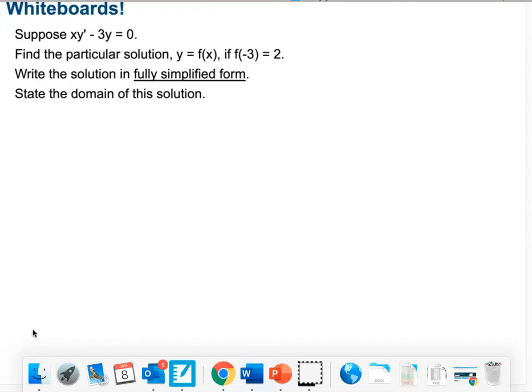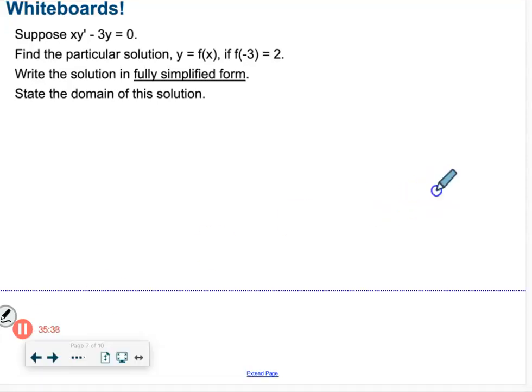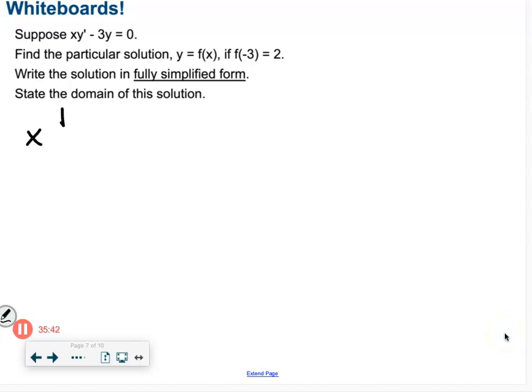Okay, so let's walk through this. I'm going to show you unsimplified and simplified. No matter what, the first thing that you're going to have to do is move the 3y over. So you get x dy dx equals 3y. Now, my first hint of this problem is that the constant isn't married to the y, right?